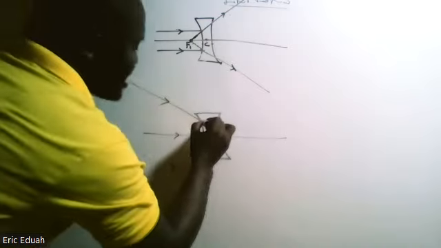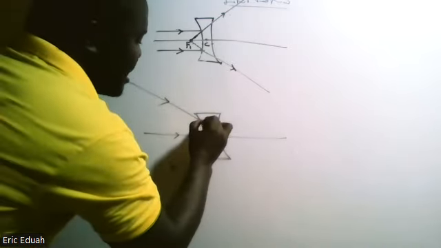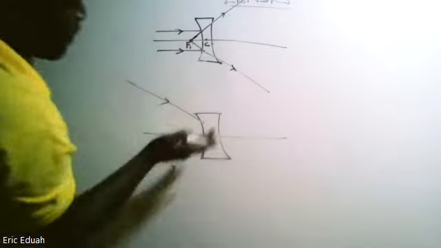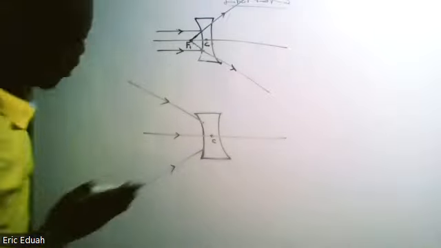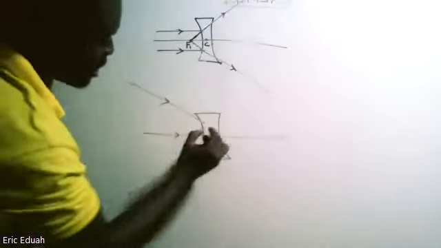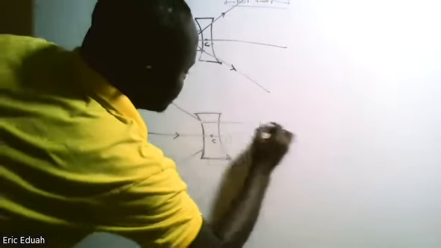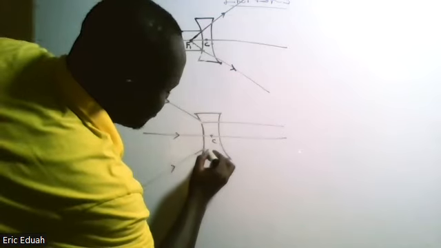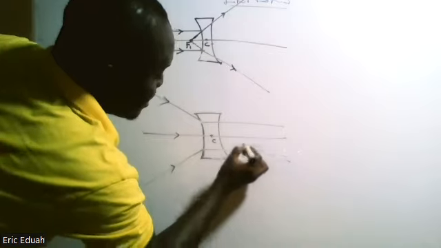So when it hits the concave lens, the refracted ray has to be parallel to the principal axis. Look at this. When parallel, it went this way. So if it's coming in this manner, it has to go parallel. The refracted rays would have to be parallel to the principal axis.